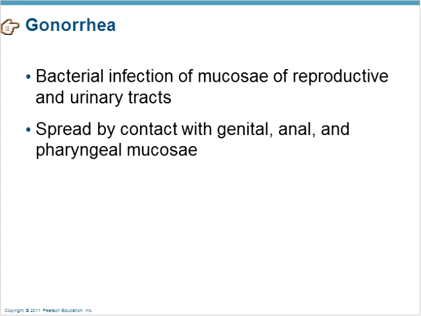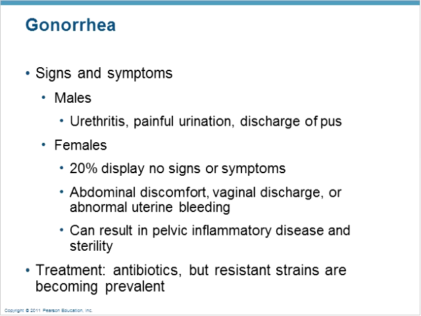The first is gonorrhea, caused by the bacteria Neisseria gonorrhoeae. It's a bacterial infection of the mucosa of the reproductive and urinary tracts. It spreads by contact with an infected person via genital, anal, and pharyngeal mucosa. In males, signs and symptoms include urethritis, very painful urination, and a discharge of very nasty pus. In females, 20% can display no symptoms.